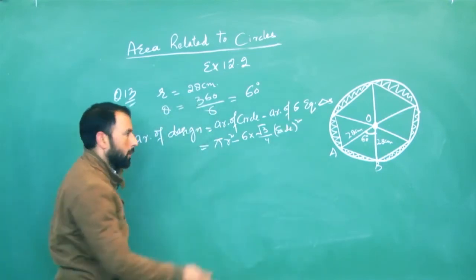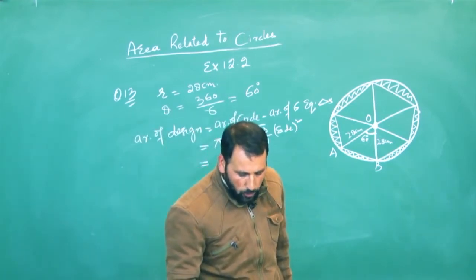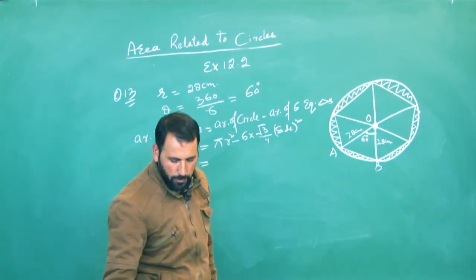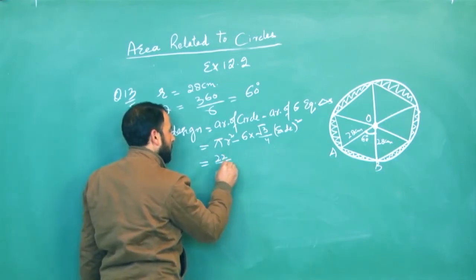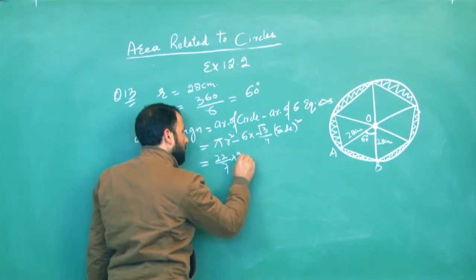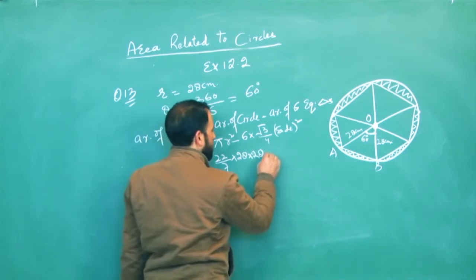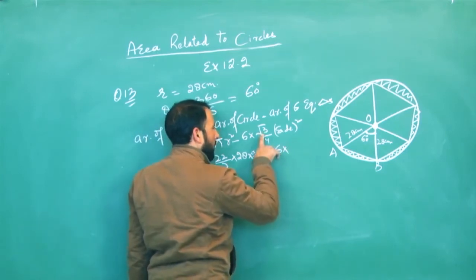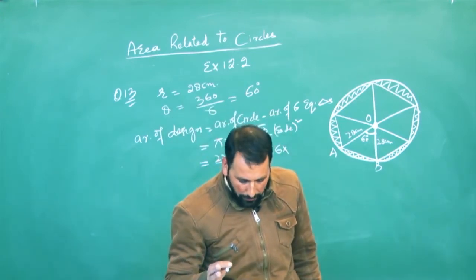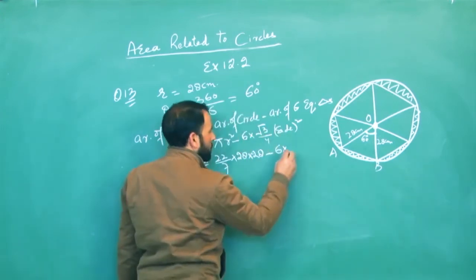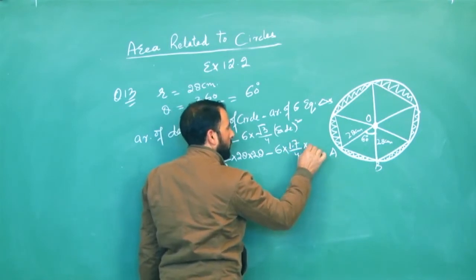So what is the area of a circle? It is pi r square. We can use pi as 22 divided by 7 here. R is 28 into 28 because it is r square, minus 6 into the value of square root 3, which in the question is given as 1.7, divided by 4 into side square.